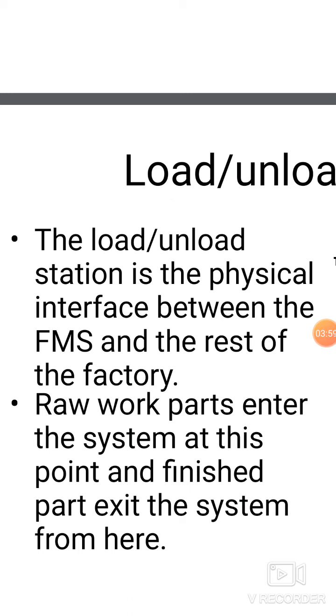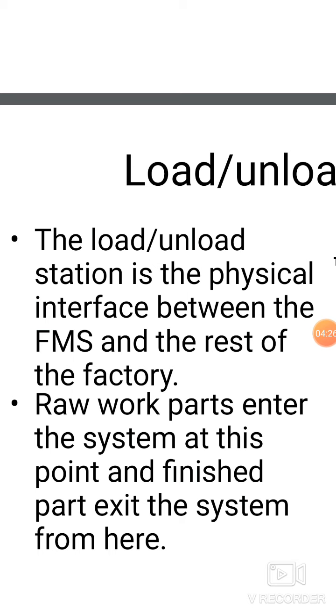All raw materials and raw work parts enter the system at this point, and finished parts are all dumped in the factory. Finished products and raw materials exit the system from here. So from here the system starts. Loading and unloading can be accomplished either manually or by an automatic handling system.